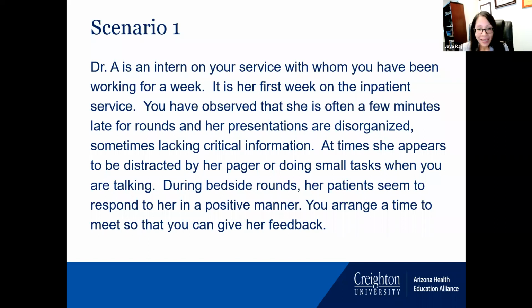So in ask, tell, ask, I would first agree with what she said she does well. If you're doing Pendleton, then you would have already told her, after she said what she did well, what you think she did well. In ask, tell, ask, you would have just let her talk about what she did well and what she wants to improve upon. And then I would first tell her, yes, I agree.